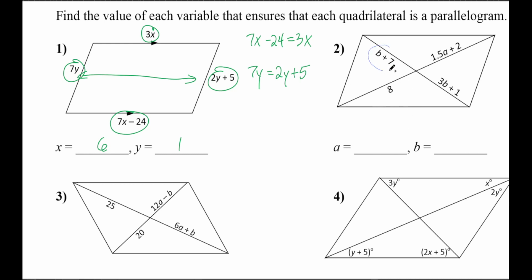So what's true about this one and this one? They're equal to each other. You write it down. Set them equal to each other, solve for B. What do we know about this one right here and this one right here? They're equal to each other. So you set them equal to each other, you solve for A. You would have gotten a 4 here and a 3 here when you do the math.